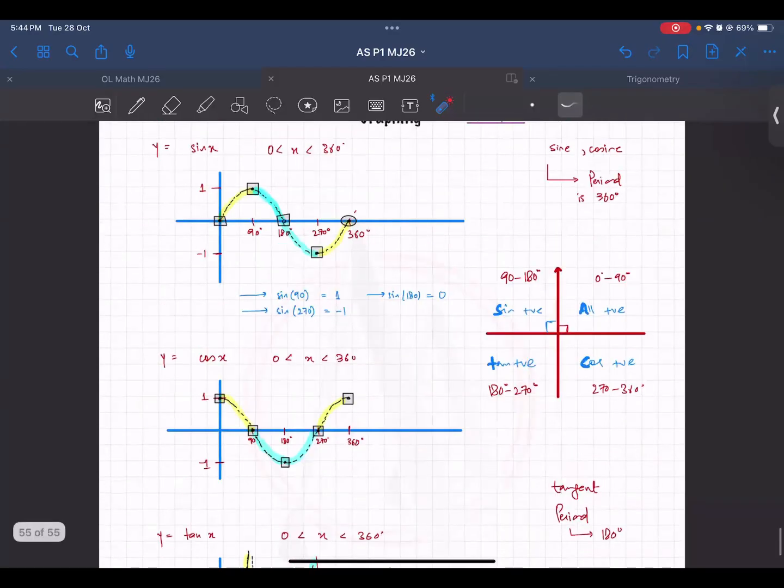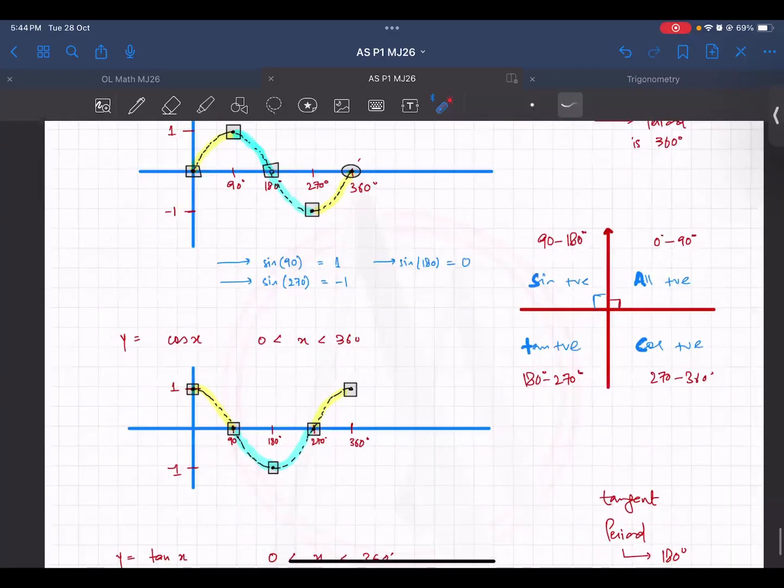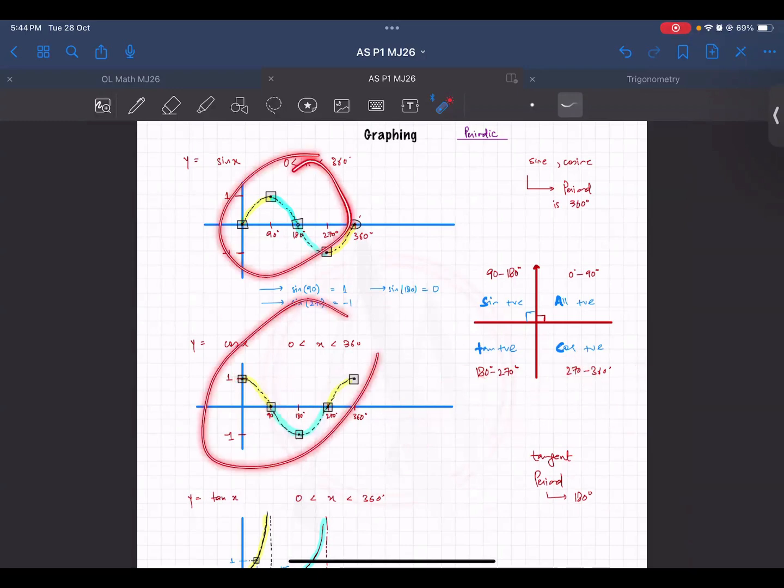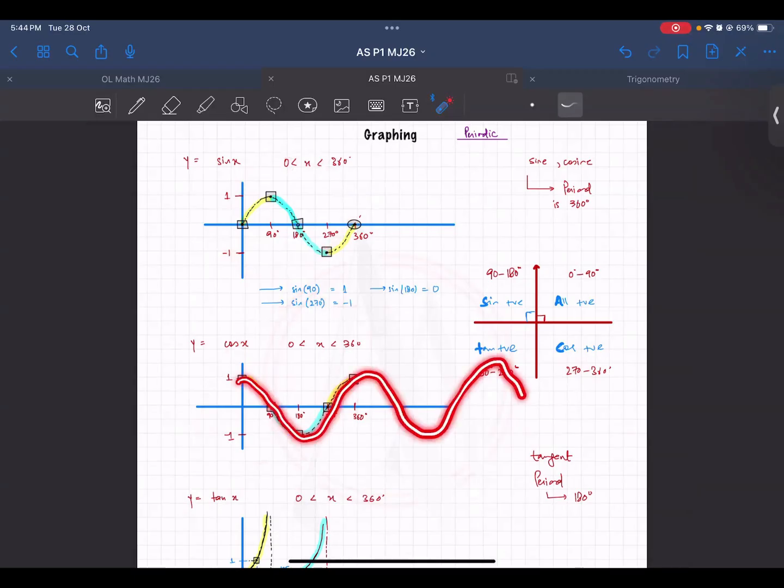Similarly for cos as well, it starts from one and then goes, this is the one cycle, and if you want to continue, it will keep on continuing as it is, the same shape. So the sine and the cos are very, very similar. You can see the shape. If you continue them, they are very similar. The difference we will discuss.